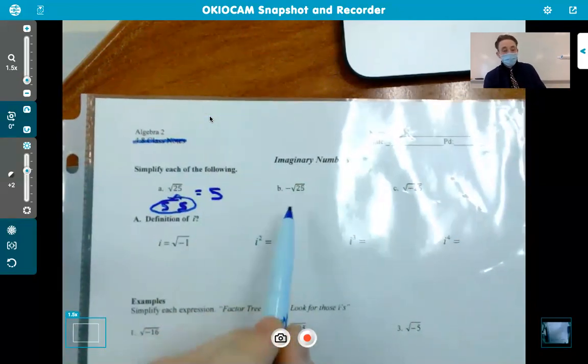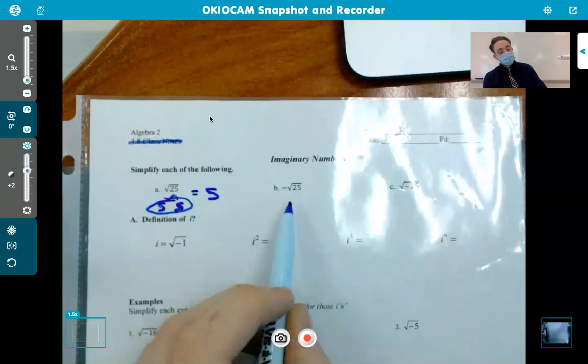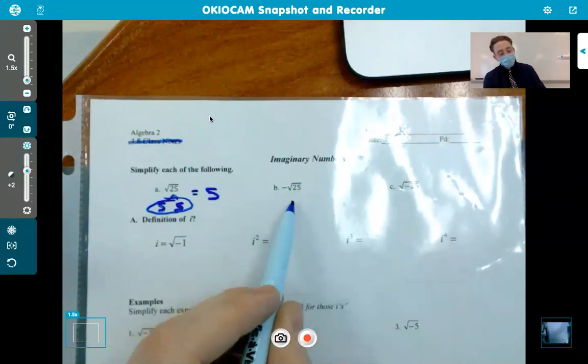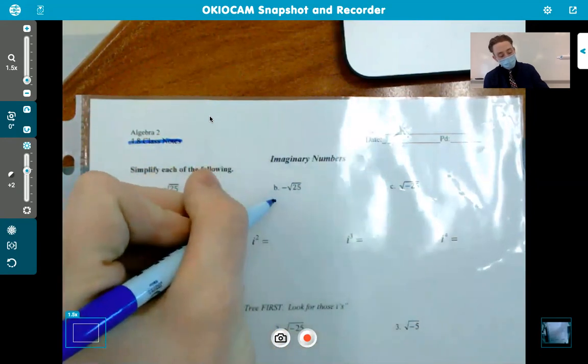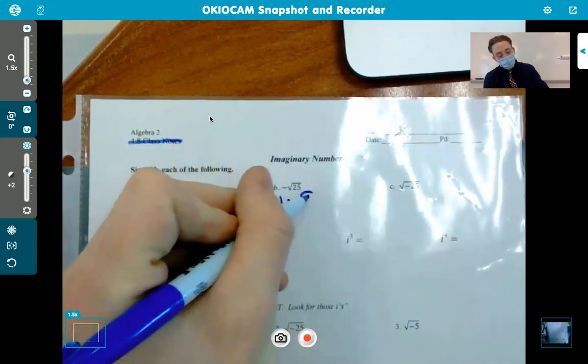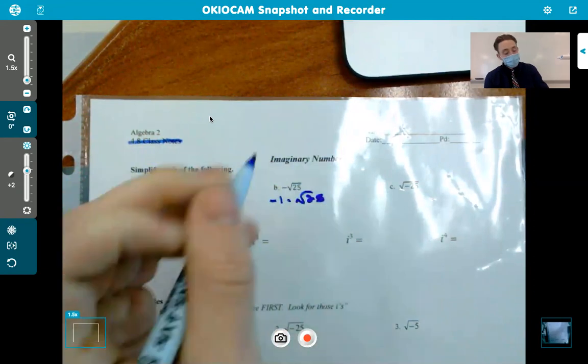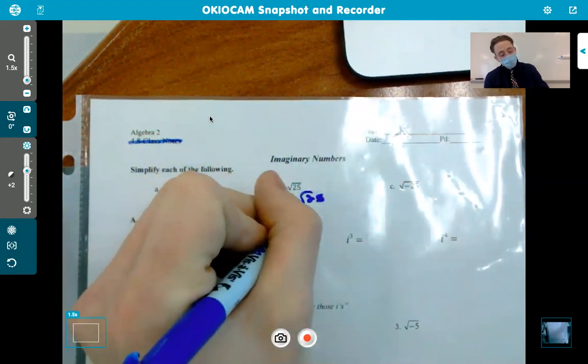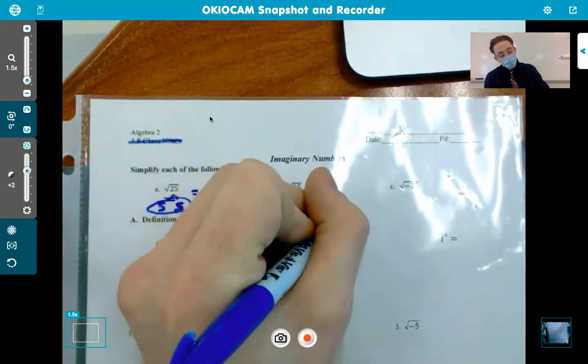The way this differs a little bit in part B is that I have a negative outside of my square root. Well, I can think of this as -1 times the square root of 25. But as we just discussed, that's just -1 times 5, or -5.